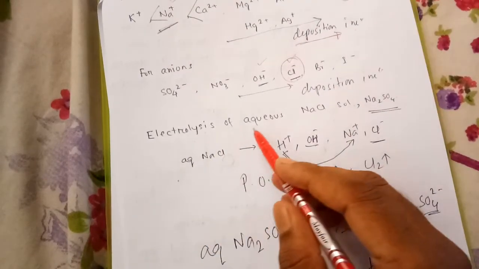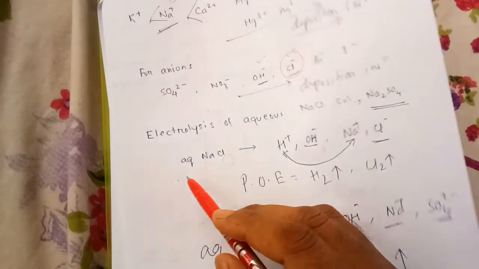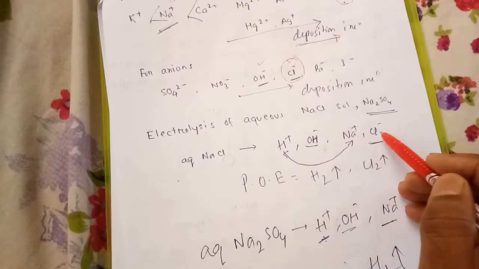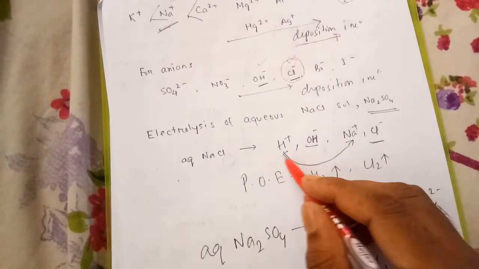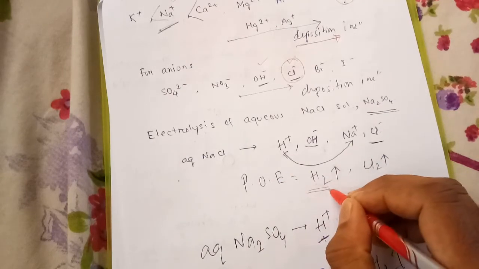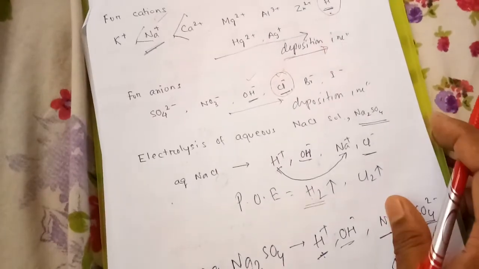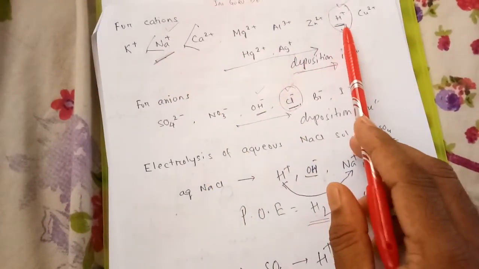Now consider the electrolysis of aqueous NaCl. Aqueous NaCl has H positive, OH negative, Na positive, Cl negative. Out of H positive and Na positive, hydrogen is found as a product of electrolysis, because if I consider hydrogen and sodium, the hydrogen deposition is higher.